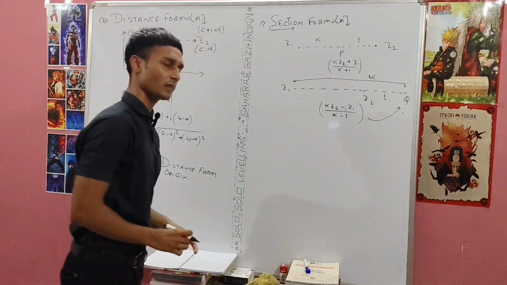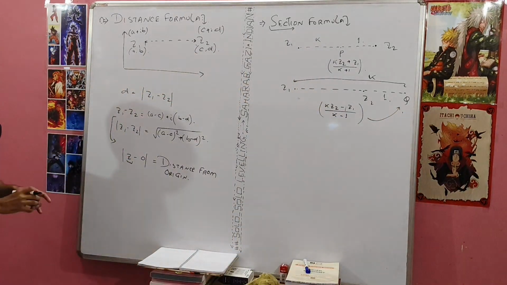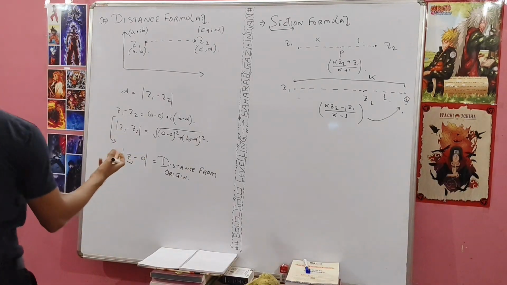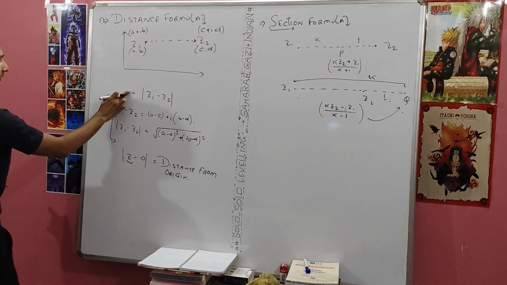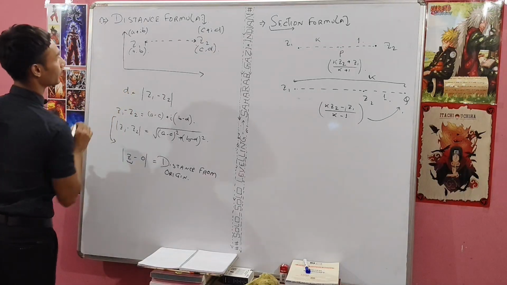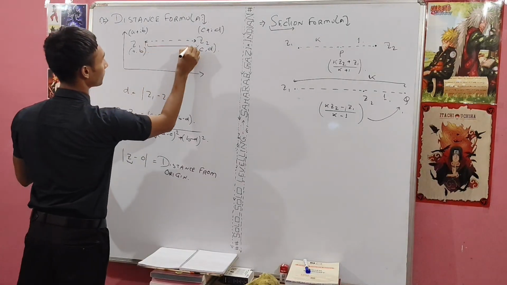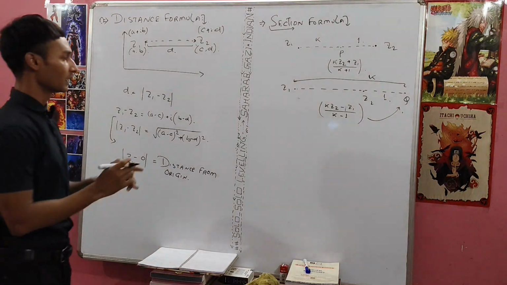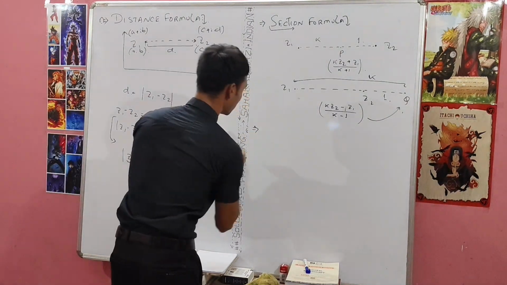This is okay. It's the same as normal geometry, just in complex number form. This is distance d, okay, this distance. I hope it's clear.